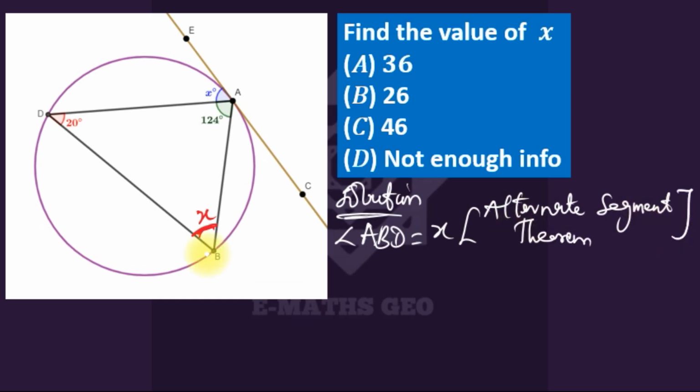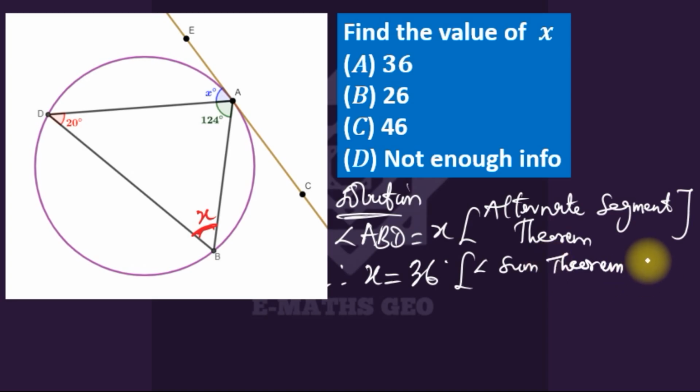Finally, we have a triangle with interior angles x, 124 and 20. Therefore, x will be 36 degrees based on the angle sum theorem for a triangle. The interior angles must sum to 180.